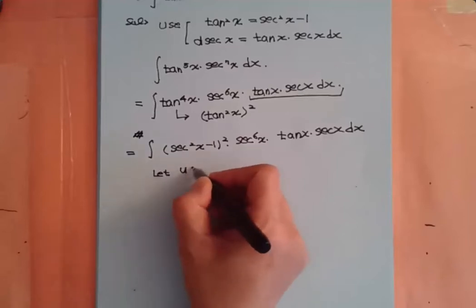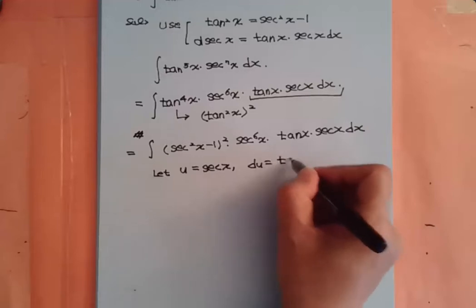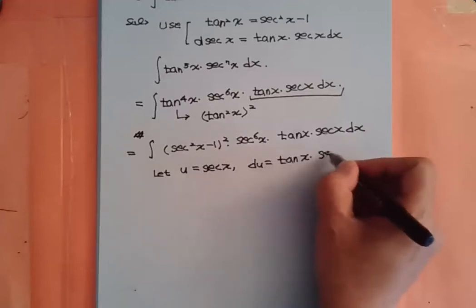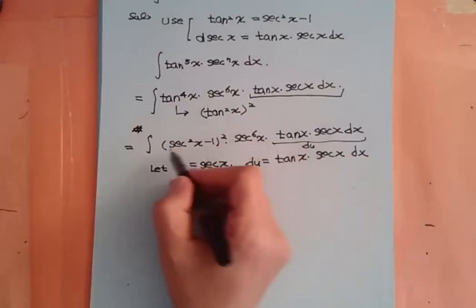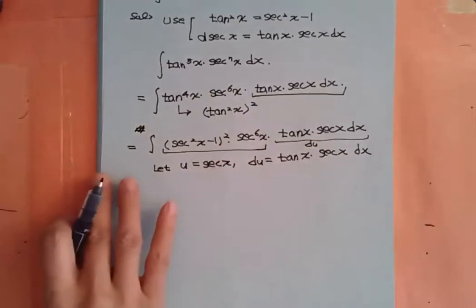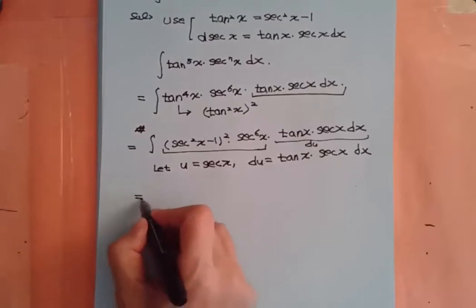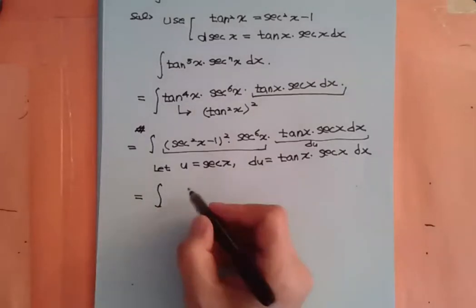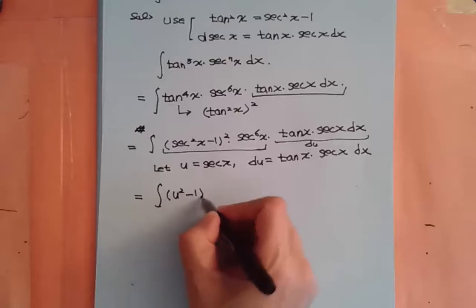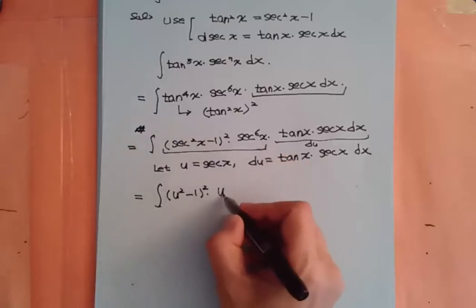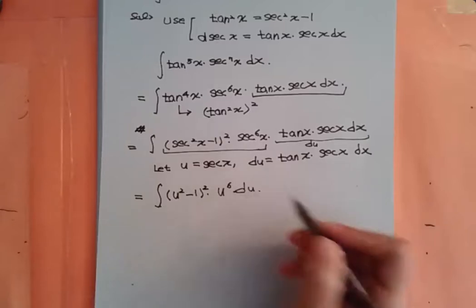So u equals secant of x and du equals tangent of x times secant of x dx. By doing that, this part will become du, and this one will be just a polynomial in u. So after u substitution, we can write that as u squared minus 1, squared, times u to the 6th power, times du, right?